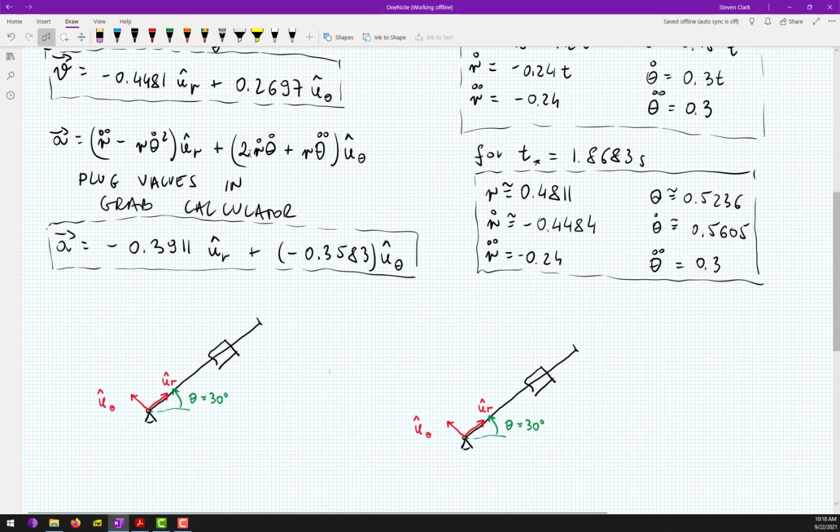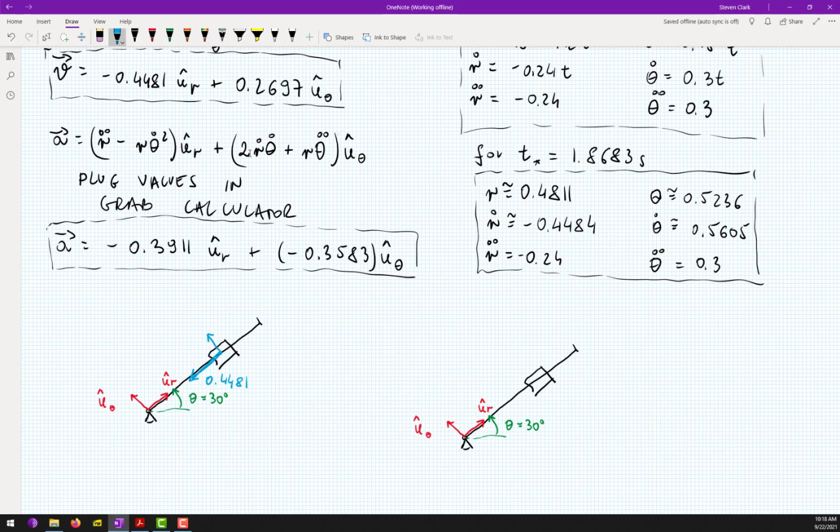Okay, so velocity vector. I think that the velocity vector has an r component, yes, and it is negative, so it will be pointing this way. This is 0.4481. We also have a theta component, which is positive, and it's approximately half the length, twice shorter.